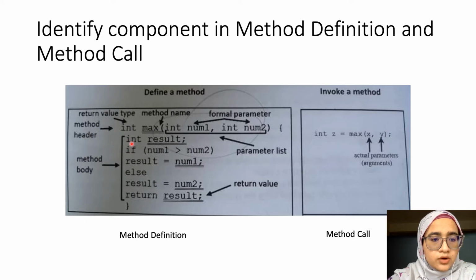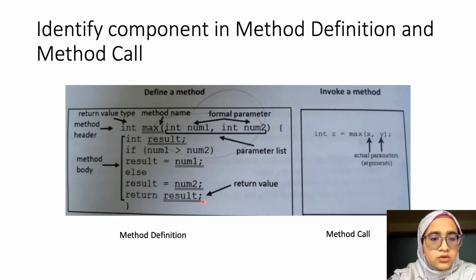And from int result until return result, these are all the statements for method body. And you can also see the return value here is result. Okay, anything after the keyword return is the return value.